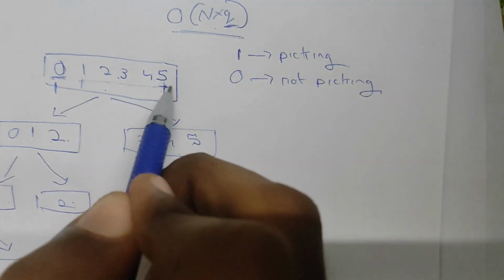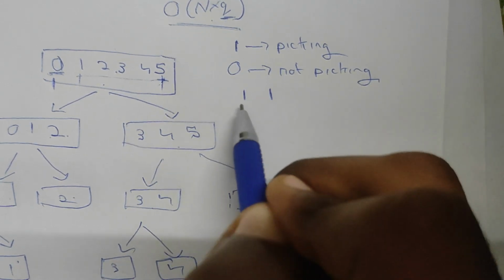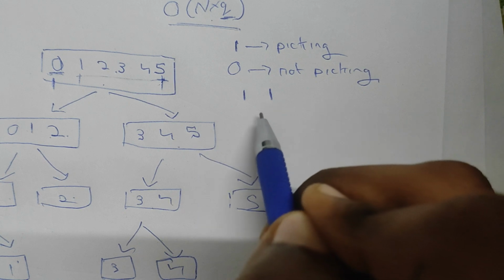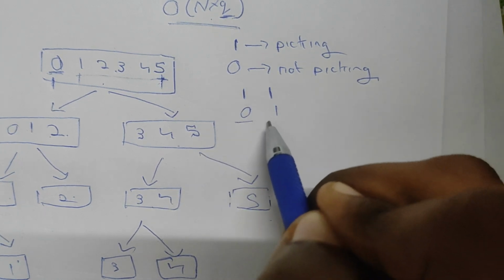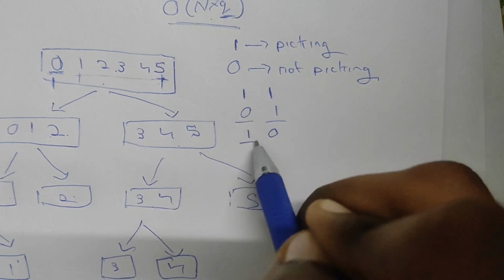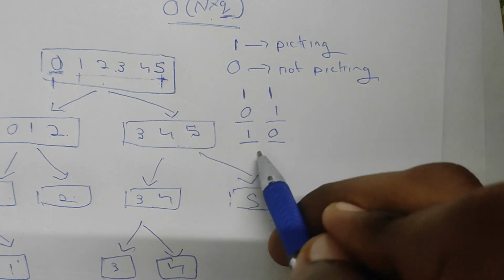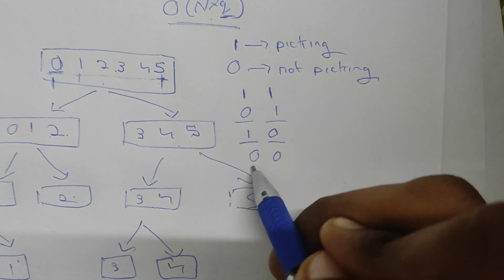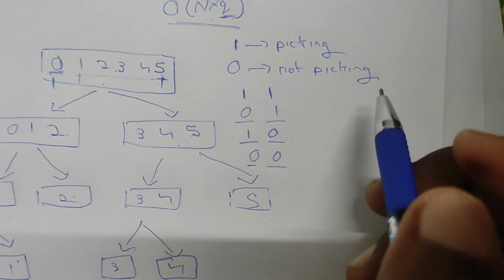Here what all possibilities are there? We can apply 1 1. 1 1 means we are picking the leftmost element and picking the rightmost element. We can also apply 0 1. We are not picking the leftmost element and we are picking the rightmost element. 1 0. We are picking the leftmost element and we are not picking the rightmost element. 0 0. We are picking neither the leftmost element nor the rightmost element.